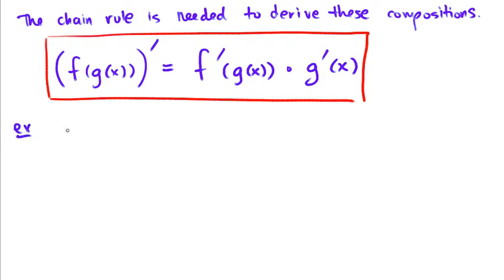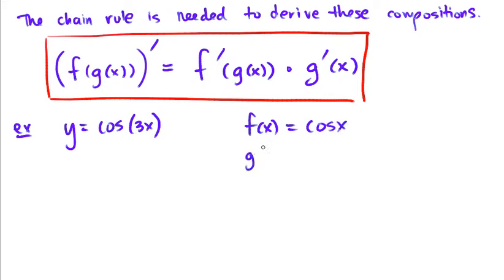For example, if we go back to our cos 3x and we want to find the first derivative, we think about our f of x being cos x and our other function g of x being 3x.